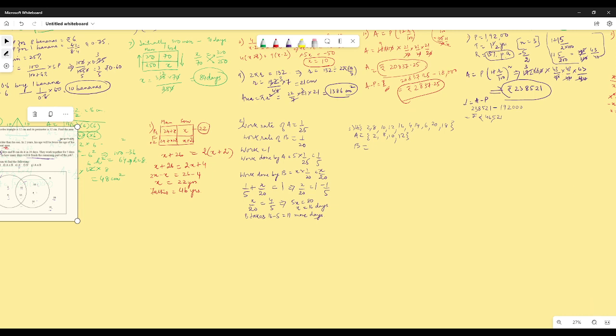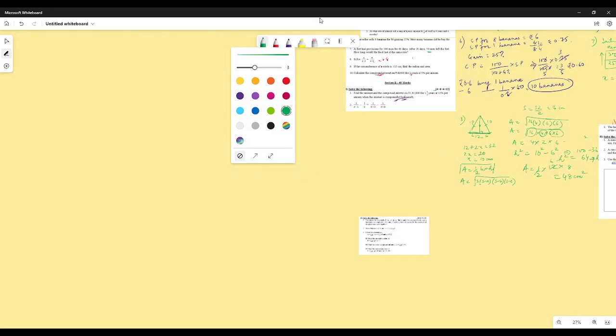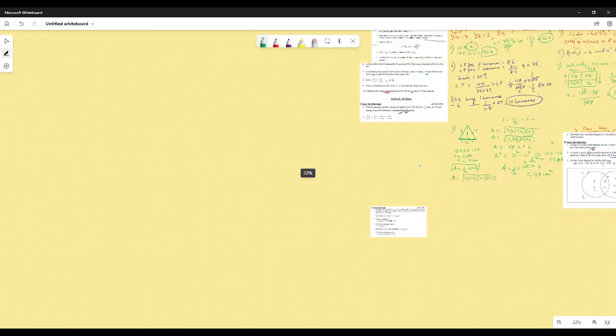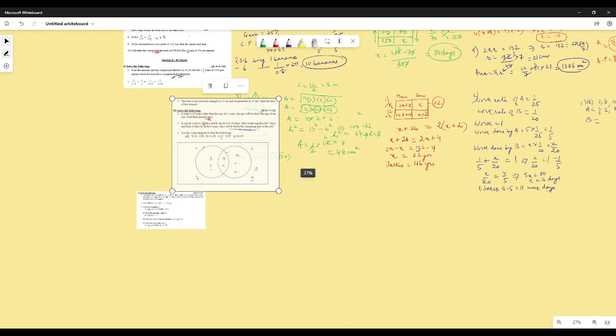So let me just try to zoom it out. Sorry, it is not working. Okay, it seems it heard me and it started to work just fine. So let us just move on to this part of the question paper. Sorry for taking up your time, children. I don't know what is wrong with this. Something seems to be stuck over here, this whiteboard.